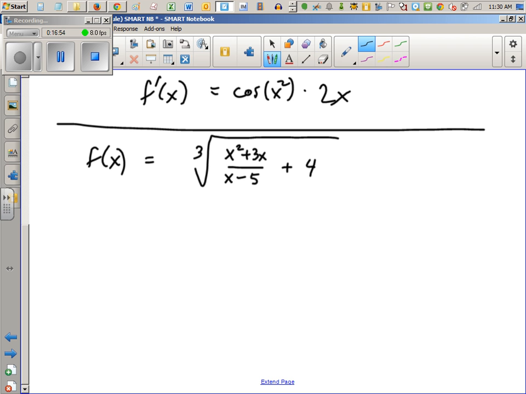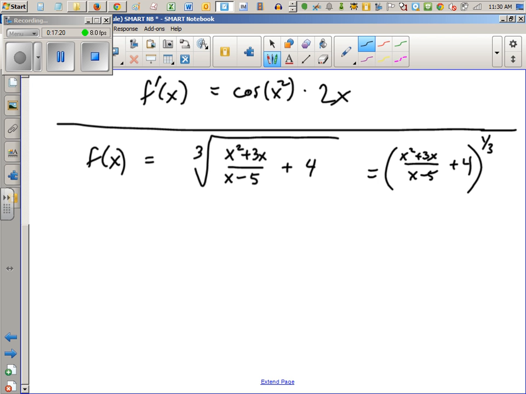When you first see this problem, you might think, oh, a quotient rule problem. Well, not really. Primarily, this is a cube root problem. The outer function here is a cube root symbol, so I think we should treat it like that. I think we should think of it as a cube root problem first and foremost.